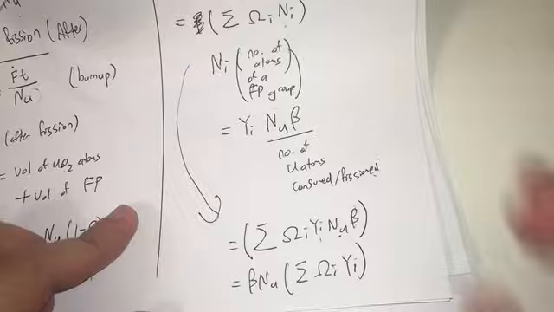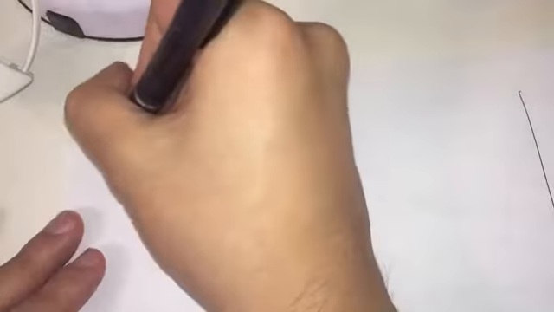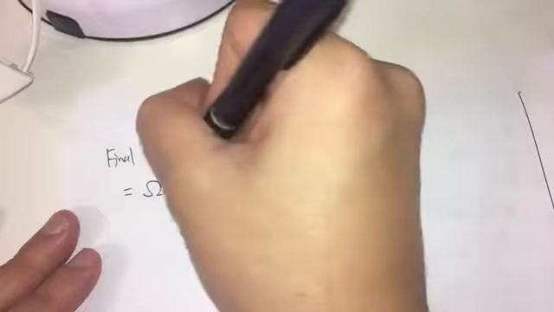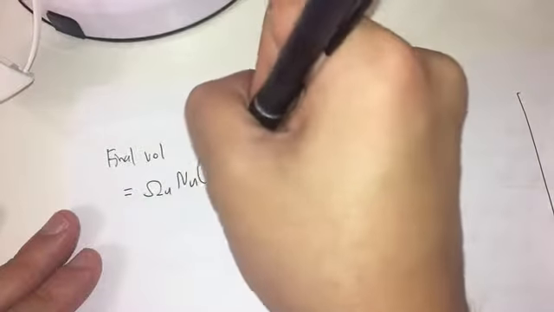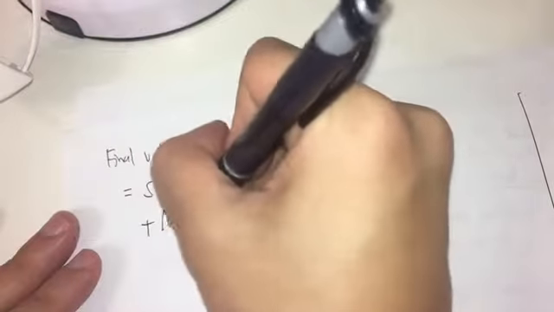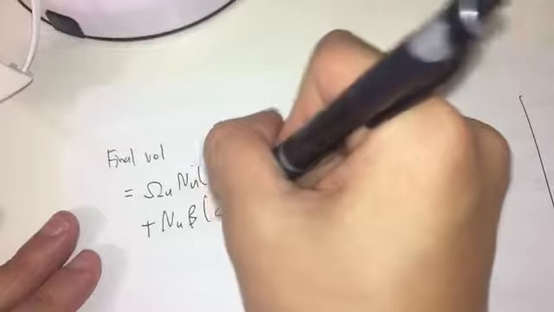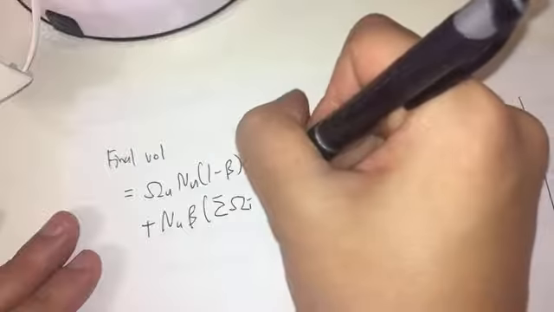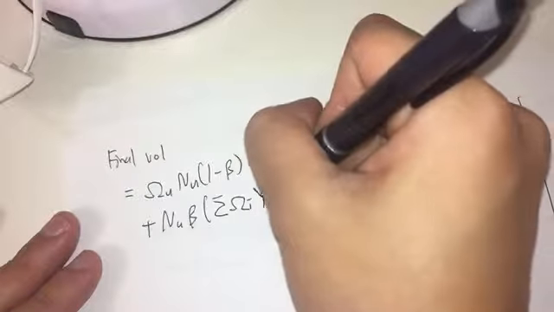So what is our final volume expression? Our final volume expression will look something like this. Final volume equals omega U and U times 1 minus beta plus nu beta sigma omega I into yi.